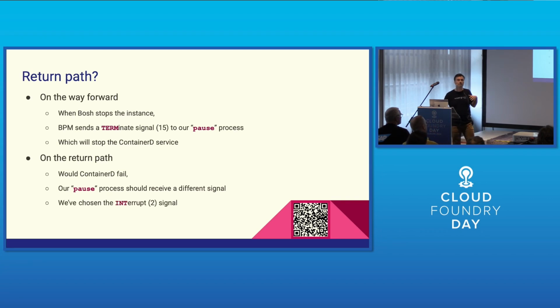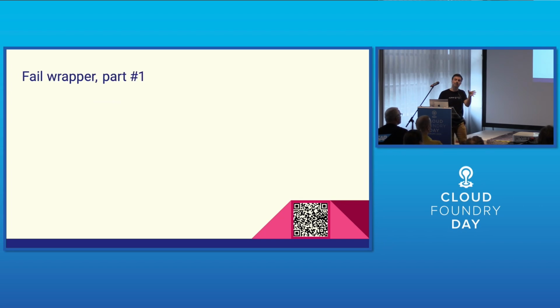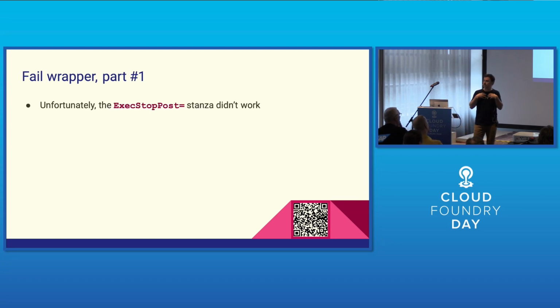So we've chosen something quite obvious, the interrupt signal. And so we need something to send that interrupt signal back to our pause process. And that's where I've come up with a fail wrapper. I wanted to use ExecStopPost in systemd so that whenever containerd fails or stops, something is executed to trigger this interrupt signal back to the pause process.